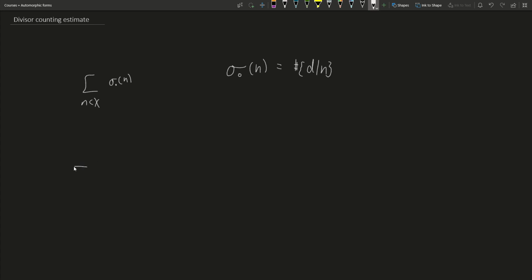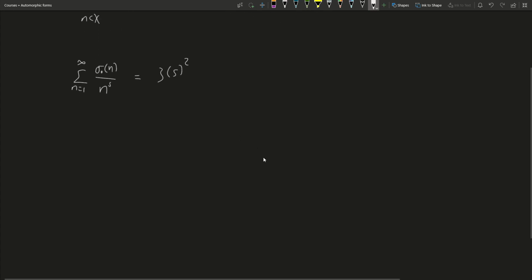It's going to be the same general strategy: if we want to estimate these partial sums, we can construct a Dirichlet series out of the things that we're summing up. And this Dirichlet series ends up being the square of the Riemann zeta function.